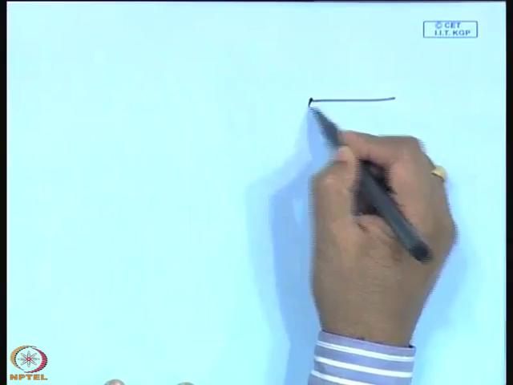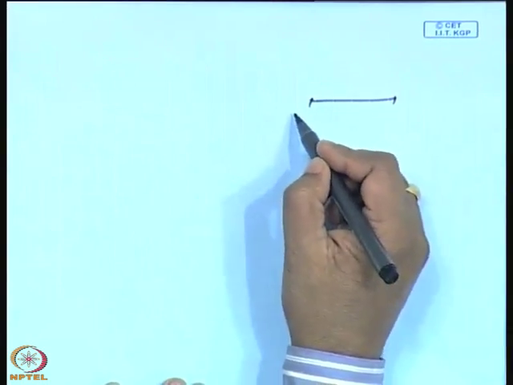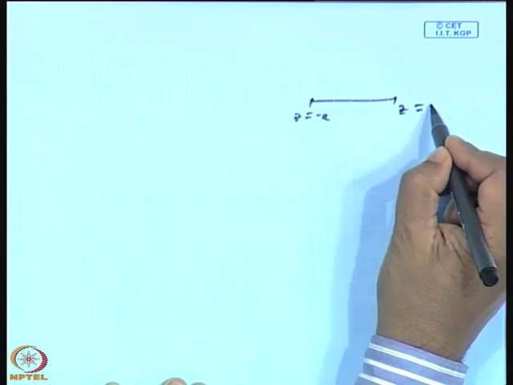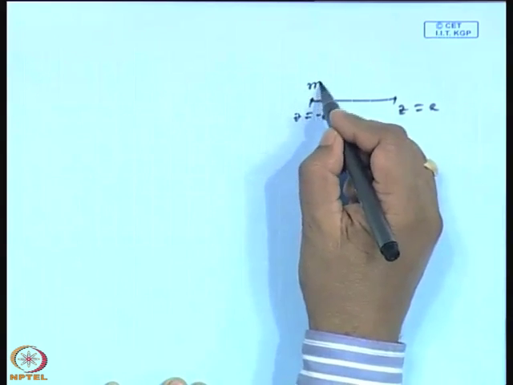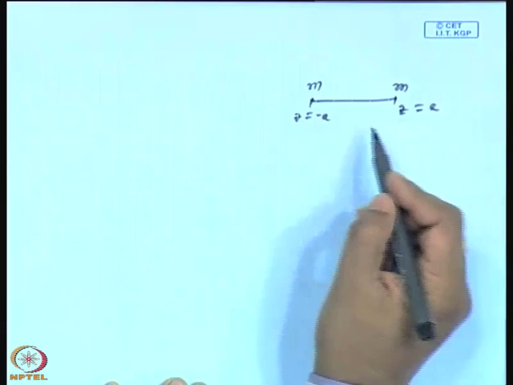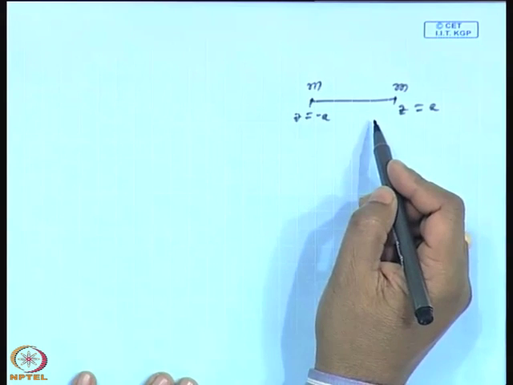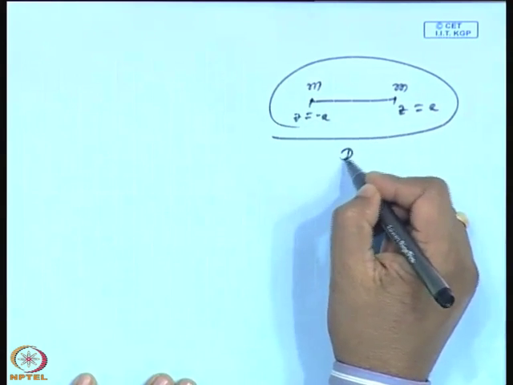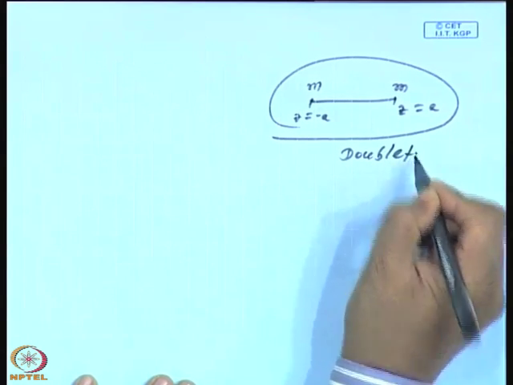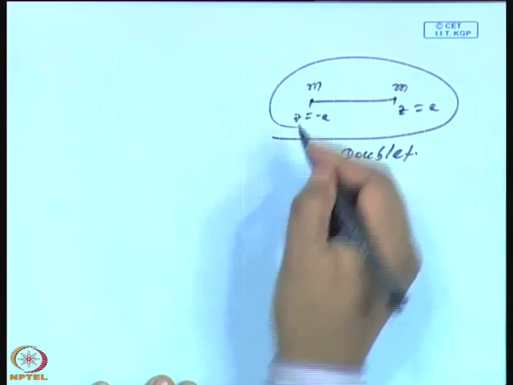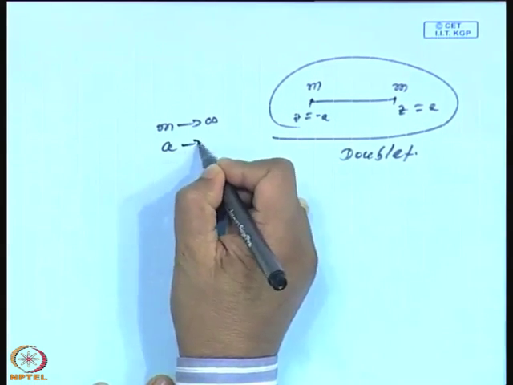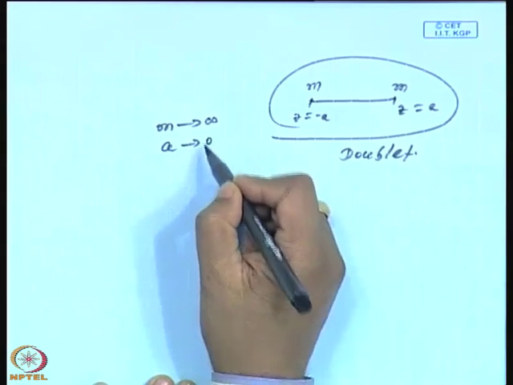In the first case, I have a source placed at z equal to minus a and a sink placed at z equal to a, both of strength m, and this leads to a doublet, provided m tends to infinity and a tends to 0.